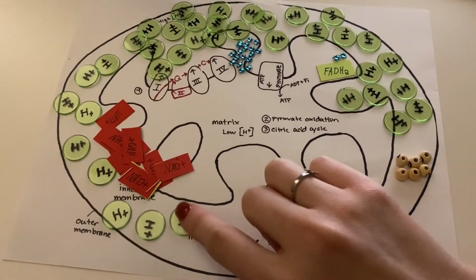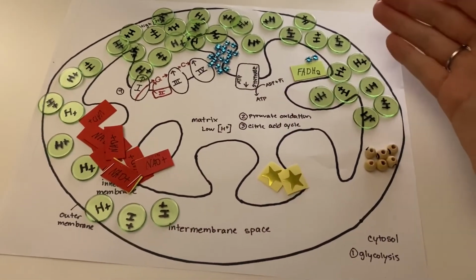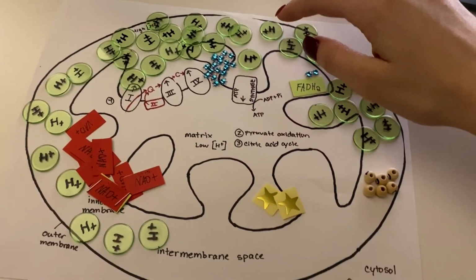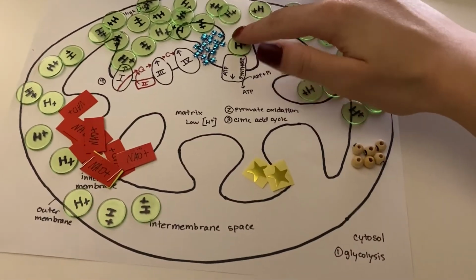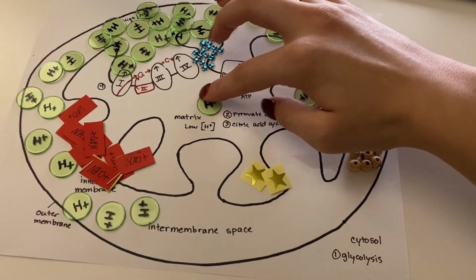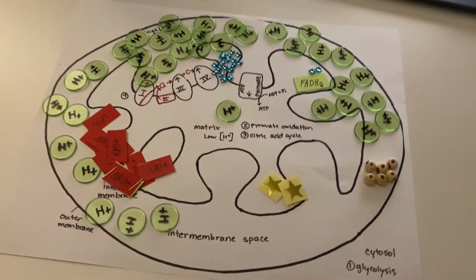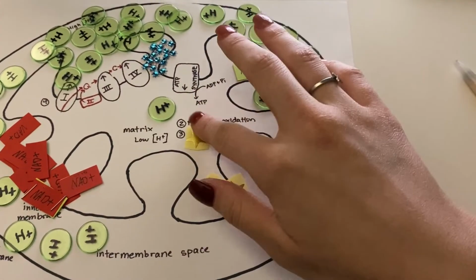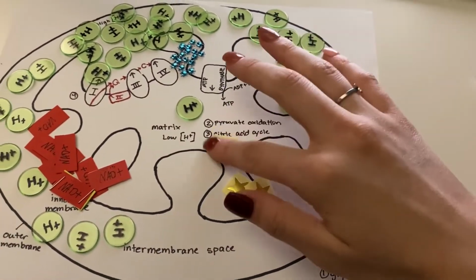This is a proton gradient or an electrochemical gradient, and so down the electrochemical gradient, the hydrogen ions will be pumped through ATP synthase through facilitated diffusion, and in doing so, ATP is created from ADP combining with inorganic phosphate.